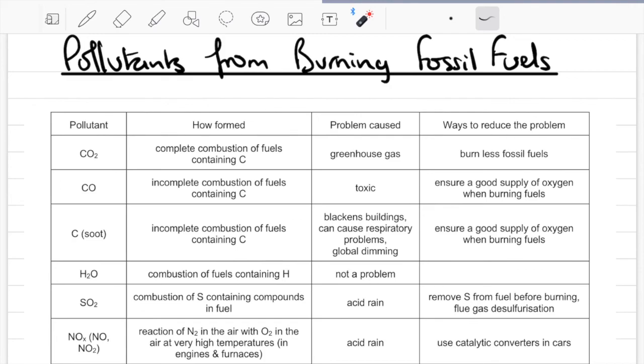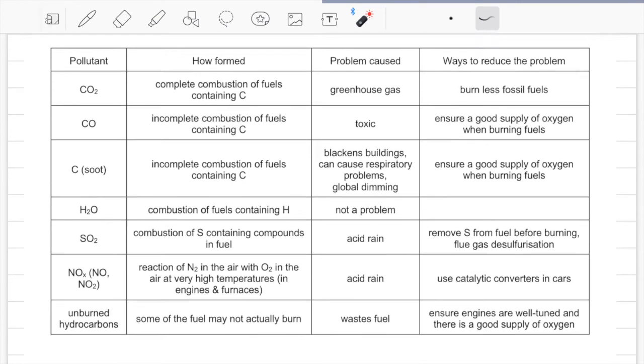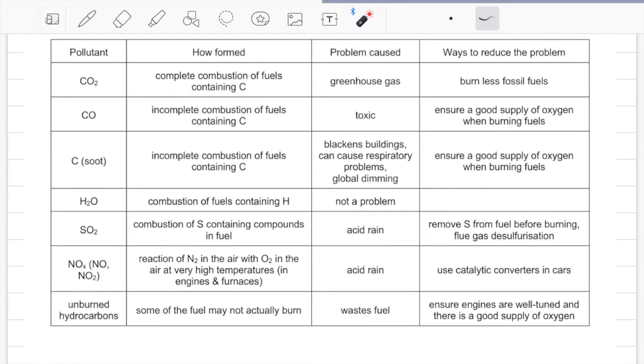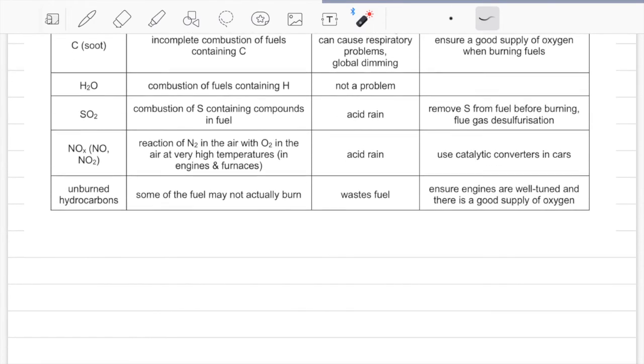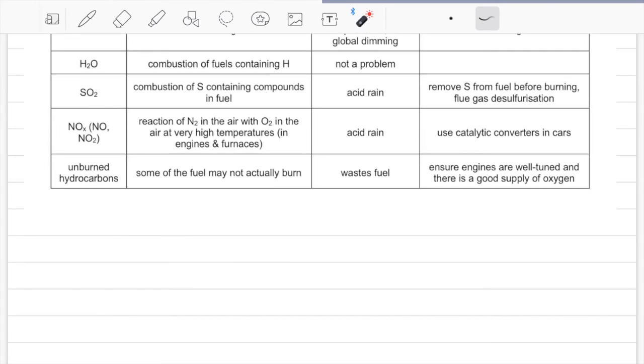So the way that we do that is called flue gas desulfurization. The gases are passed through what's called a scrubber. And so that sulfur dioxide is then reacted with either calcium oxide or calcium carbonate. So if I just scroll down a little bit, I'll just highlight the sulfur dioxide, and we'll write a couple of equations to show those reactions.